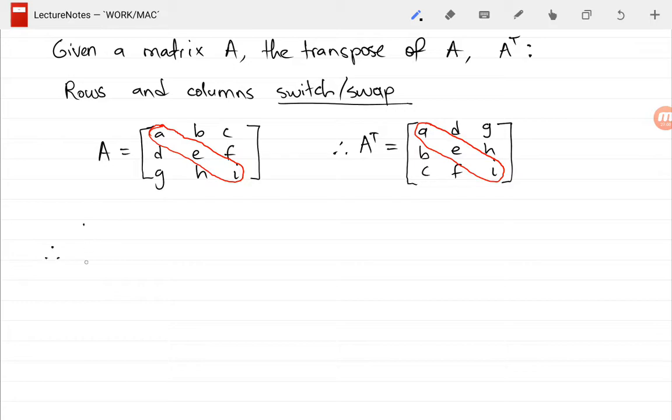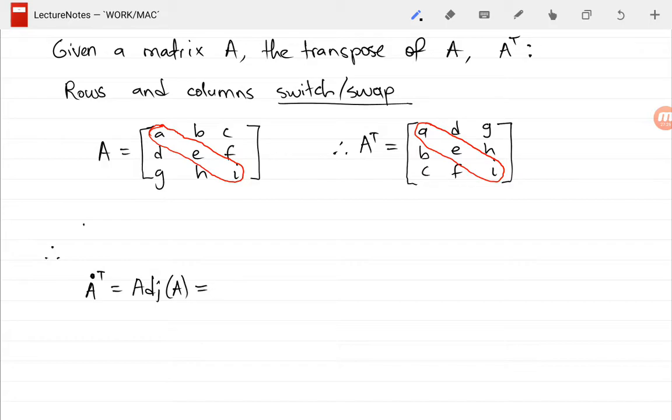Therefore, I'm just gonna write it down here. A transposed is gonna be equal to, and I'm just gonna be copying this down. And by the way, A transposed is now our adjoint. This is our final answer for the adjoint matrix, and it's the adjoint of A.